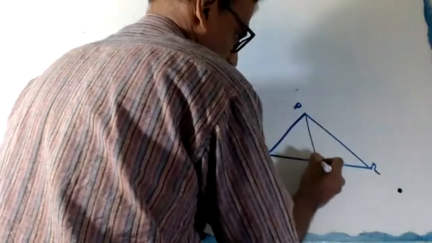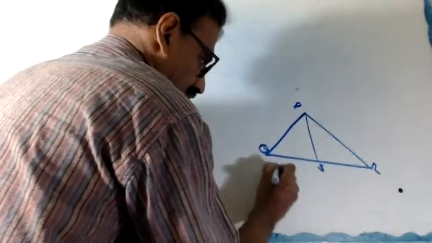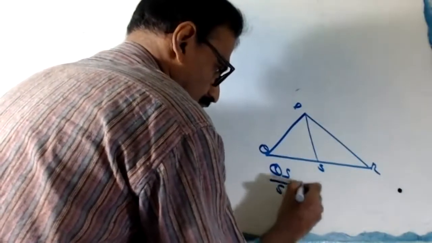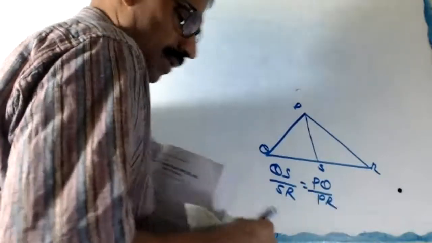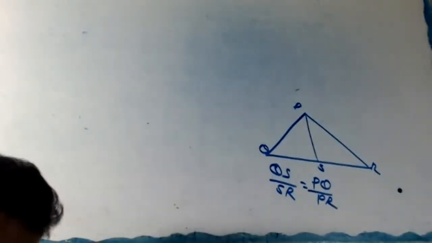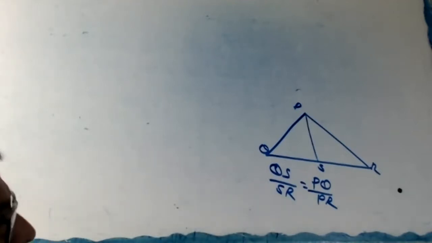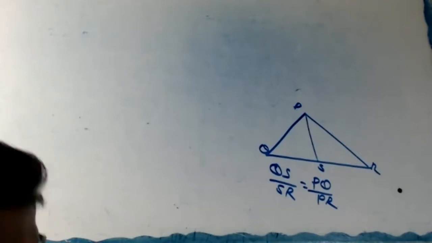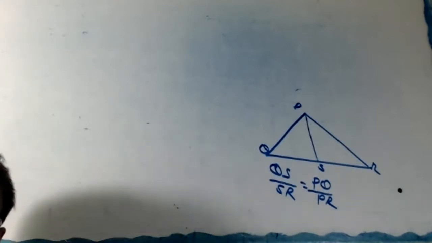Show that QS by SR equal to PQ divided by PR. Question what? PS is the bisector of angle QPR. Prove that QS by SR equal to PQ by PR. Okay, try.